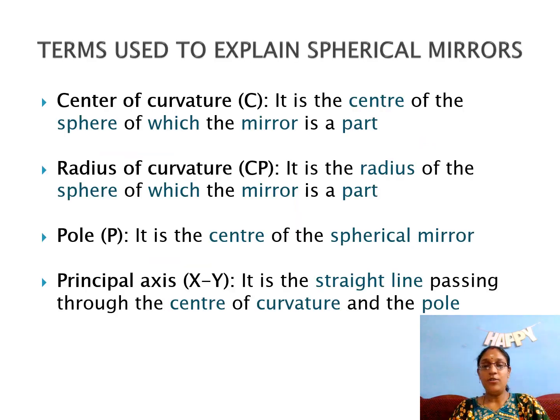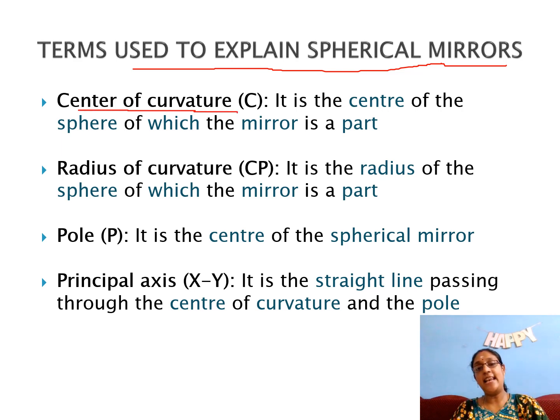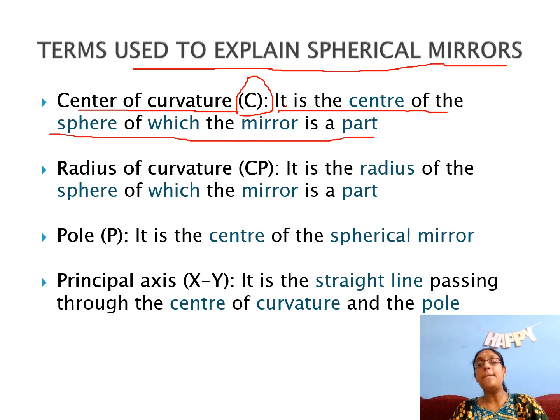I told you the terms used to explain the spherical mirror. The center of curvature is represented by the letter C. So, what is the center of curvature? It is the center of the sphere of which the mirror is a part.